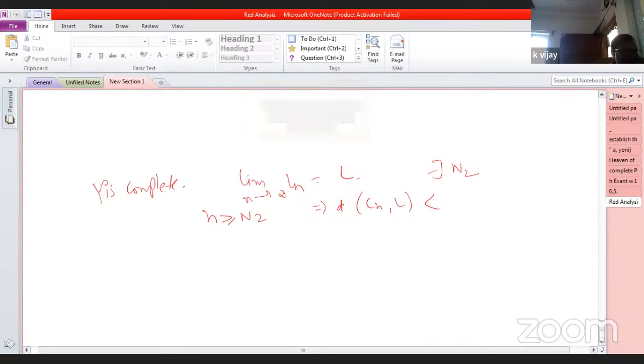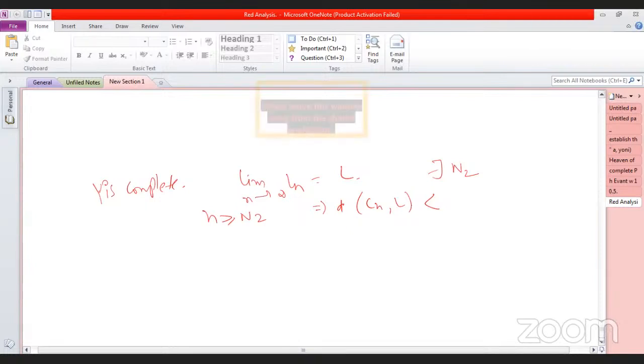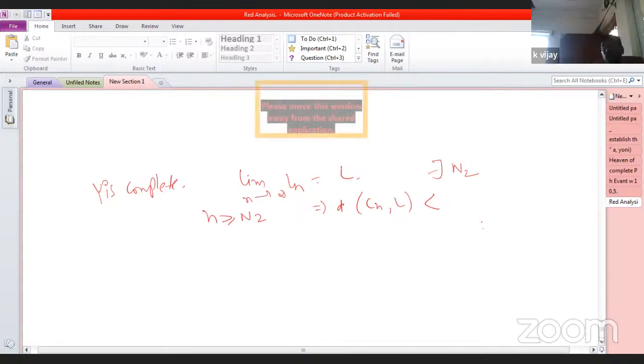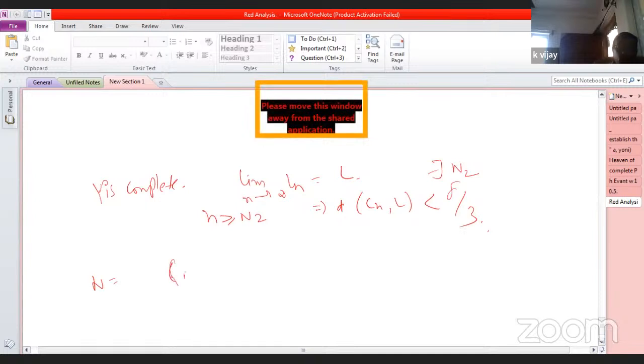Delta by 2 or delta by 3? Delta by 3. So here also we have delta by 3. Now put n is equal to n1 and n2. So therefore f_n(x) is equal to l_n.